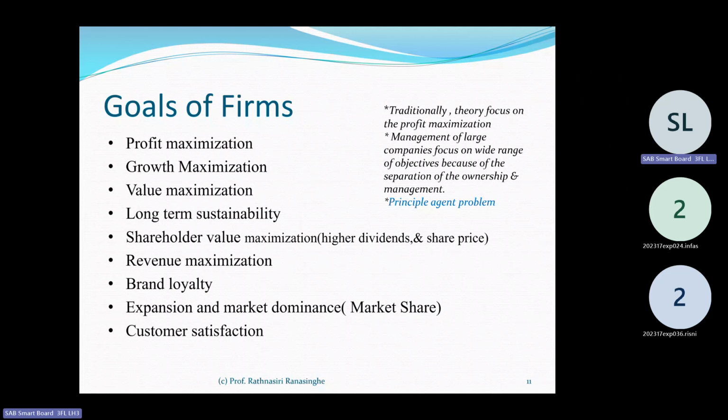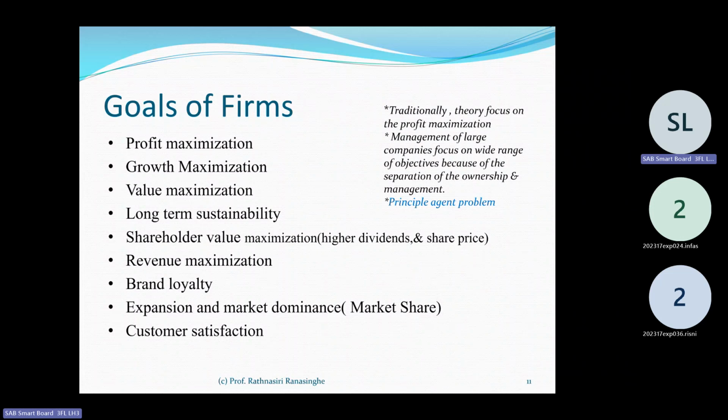Finally, satisfying the customers, so customer satisfaction. Apart from that, employee satisfaction. Those are other objectives. So in large organizations, apart from profit maximization, there may be other objectives that the firms try to achieve.